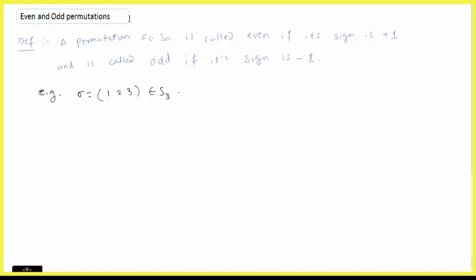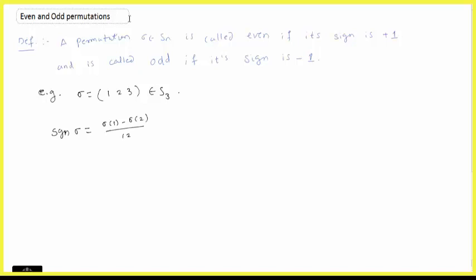Then this permutation is an even permutation because what is the sign of sigma? The signature of sigma is equal to sigma of 1 minus sigma of 2 divided by 1 minus 2.